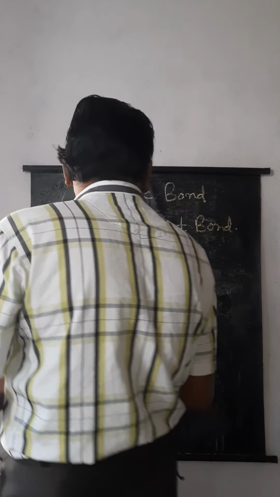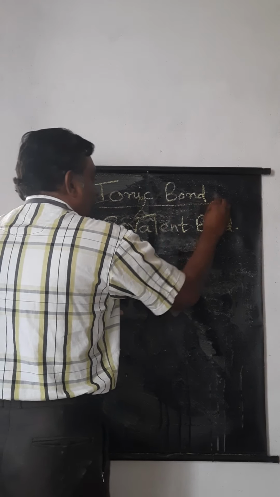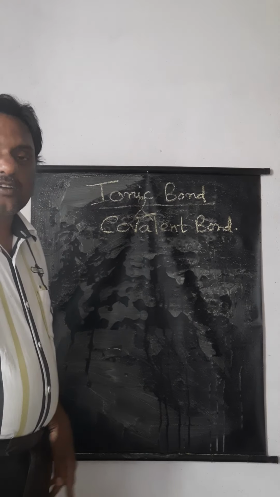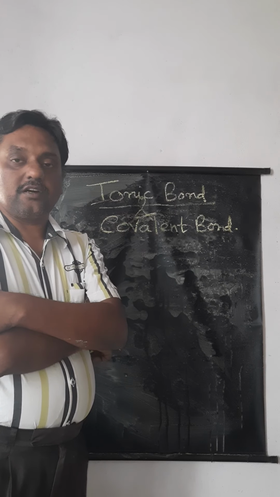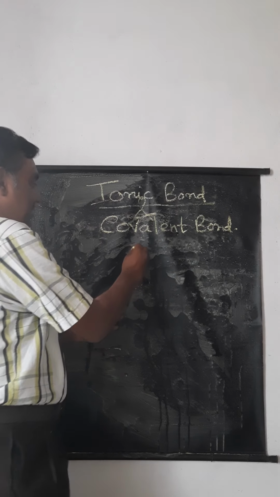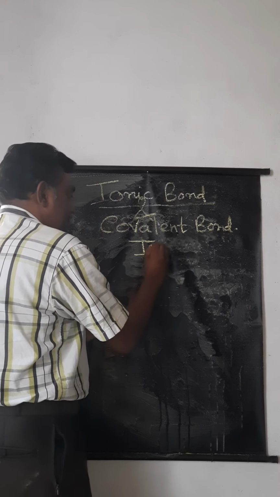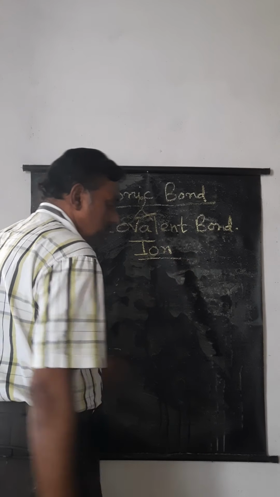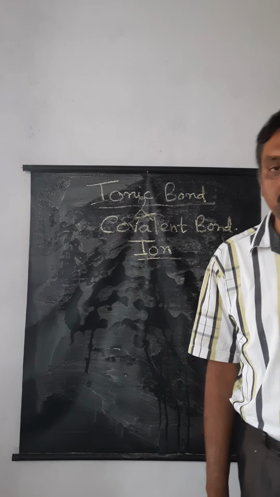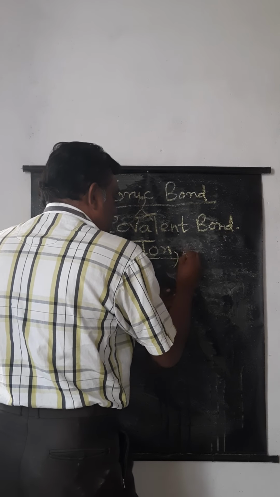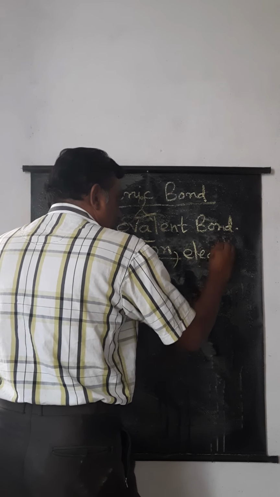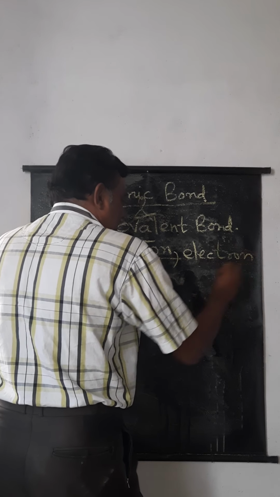First, let us take the example of ionic bond. Do you have an idea that the word ionic has come from the word ion? What is an ion, what is an atom, and what is an electron? These three we are going to study.